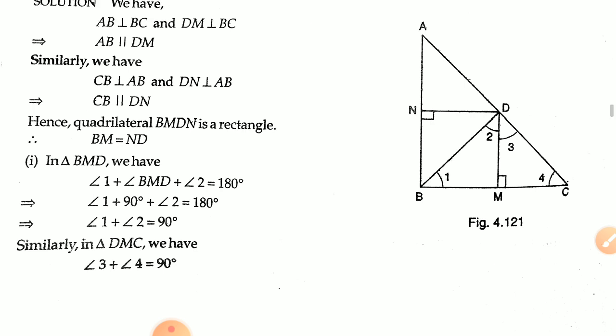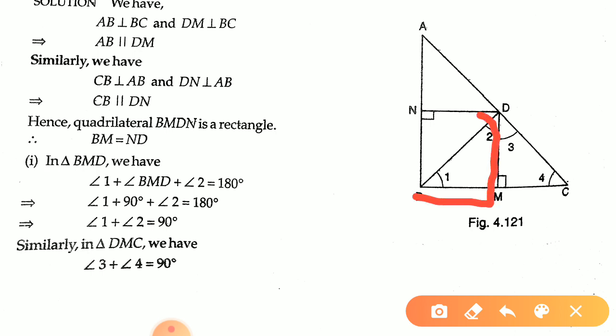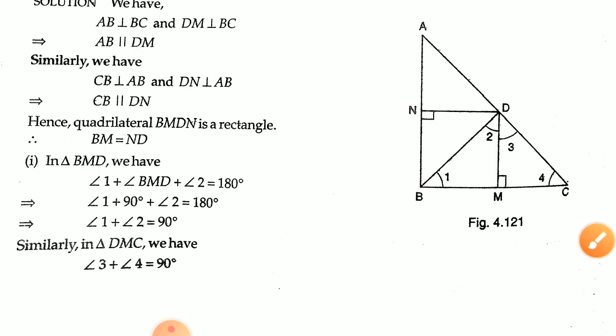Hence, here we have seen that AB is parallel to DM, and similarly CB is parallel to DN, so quadrilateral BMDN is a rectangle, and therefore BM is equal to DN, because the opposite sides of a parallelogram are equal.